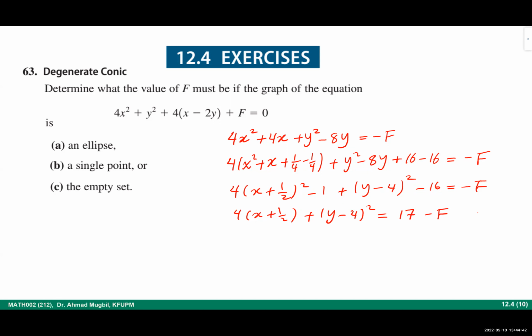Now what we can do to continue, or what we can decide here? I think you can now, ya shabab, find out what is the value of f that makes this an ellipse. Of course, clearly this is a plus, and here you have squares. So it is a hyperbola, sorry, an ellipse if this is what? If this is 1?